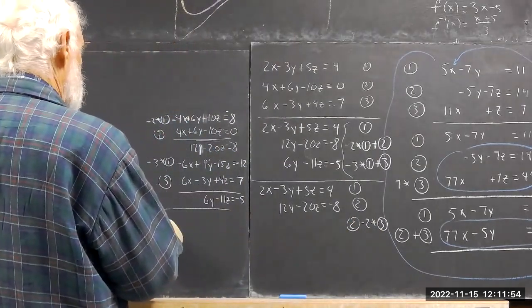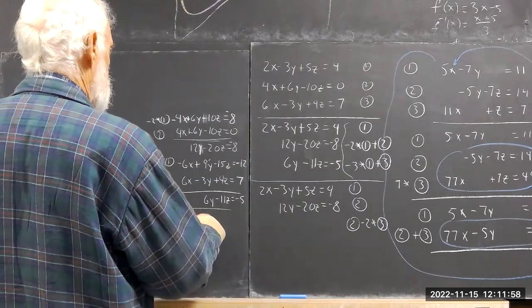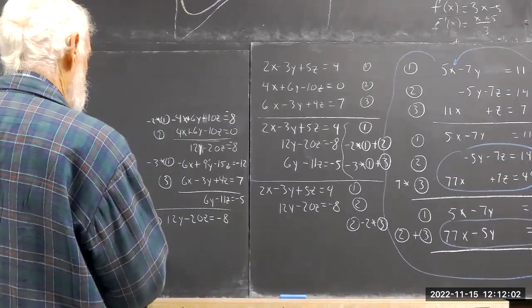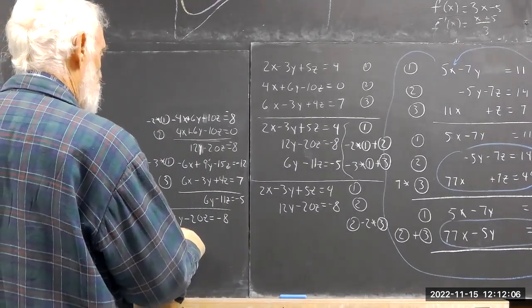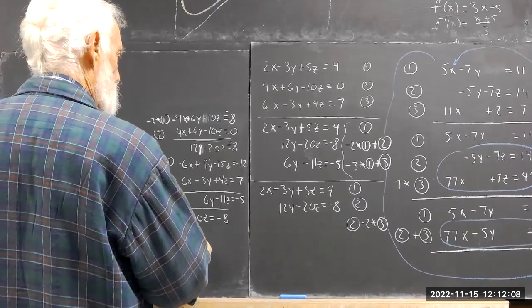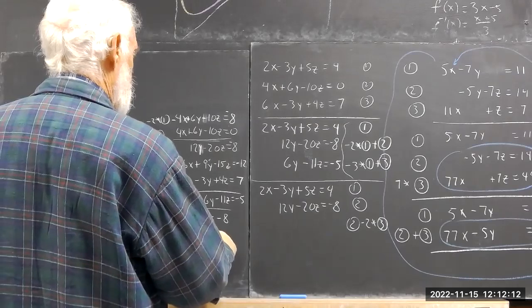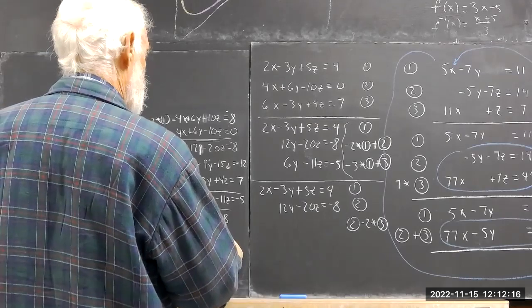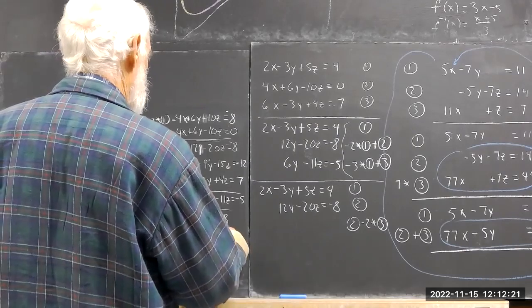Okay, the second equation now is 12y minus 20z equals -8. And -2 times the third equation is 12y. Or third equation minus 22z equals, and I think that's plus 22 equals 10.